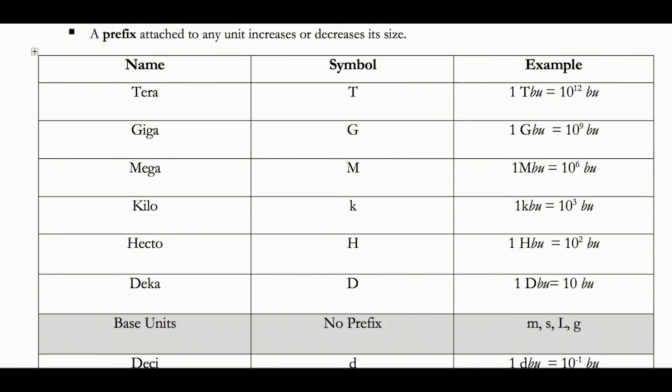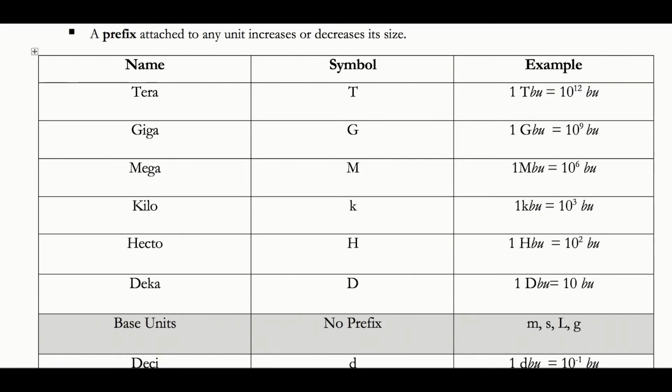This is one you should be familiar with: 1 kilometer, or 1 kilosecond, or 1 kiloliter, or 1 kilogram equals 10 to the third, either meters, seconds, liters, or grams. 1 hectometer equals 10 to the second meters, and 1 decasecond, or 1 decameter, equals 10 to the first, or just 10 seconds or meters.